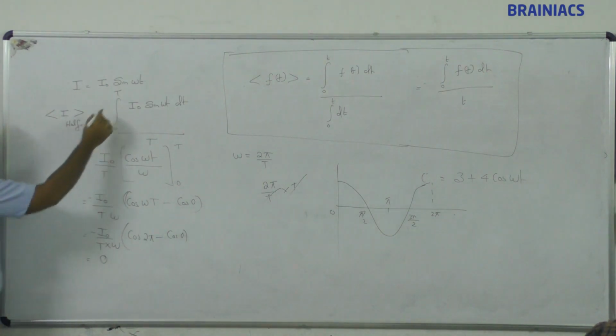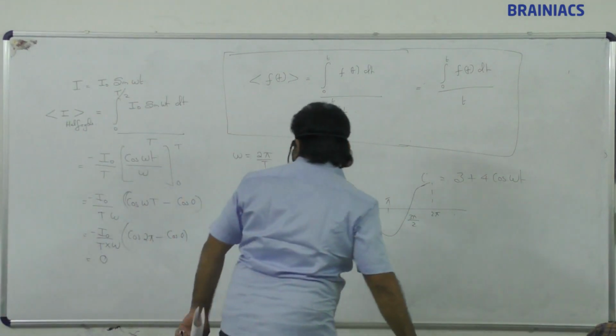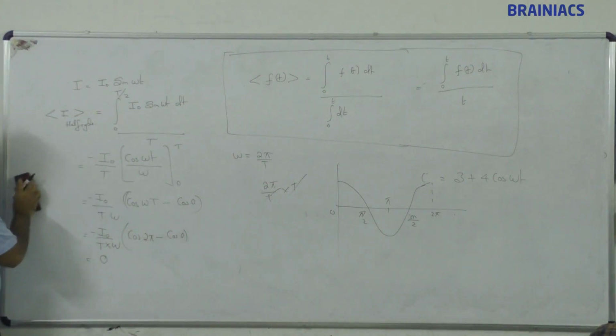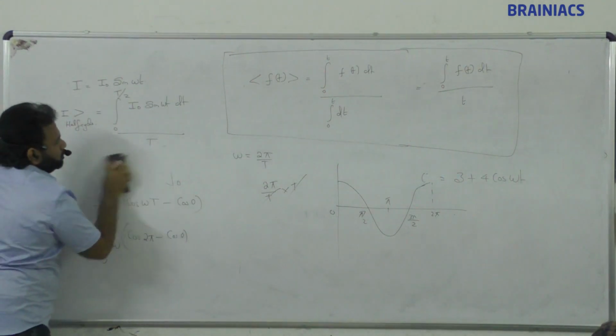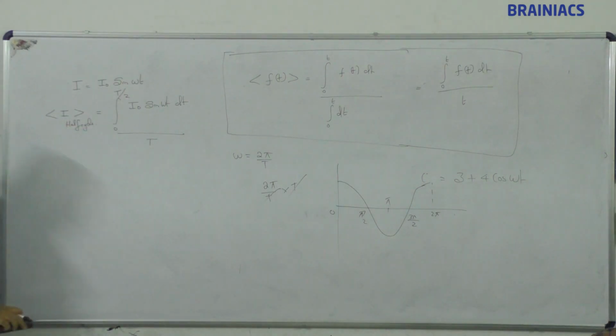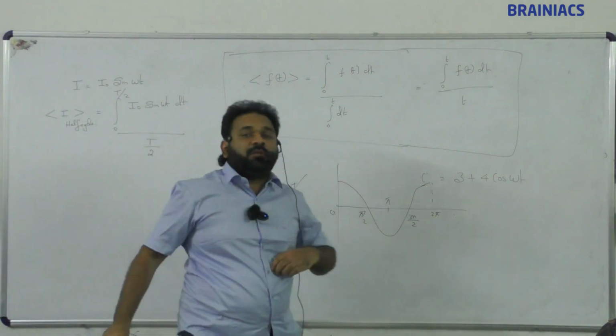Now, can you do the same for half cycle and tell me the answer? Same way, just do the integration, put the limit 0 to T by 2, and this denominator will also be T by 2. Make this process very fast.